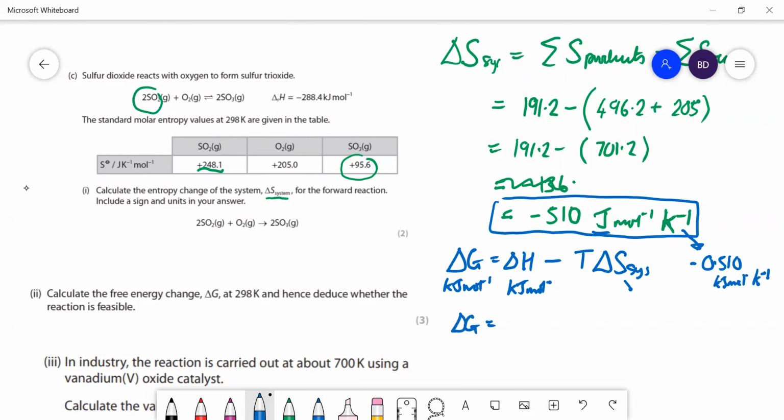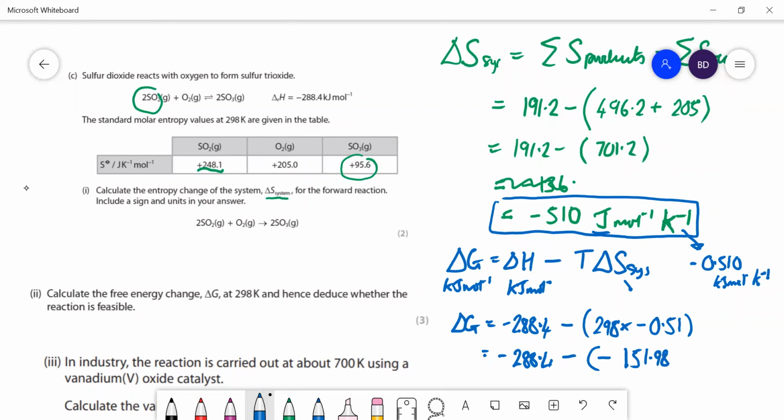Delta G is equal to delta H, which is minus 288.4, minus T delta S, where the temperature is 298 Kelvin, 298 multiplied by minus 0.51, that works out to be minus 151.98.